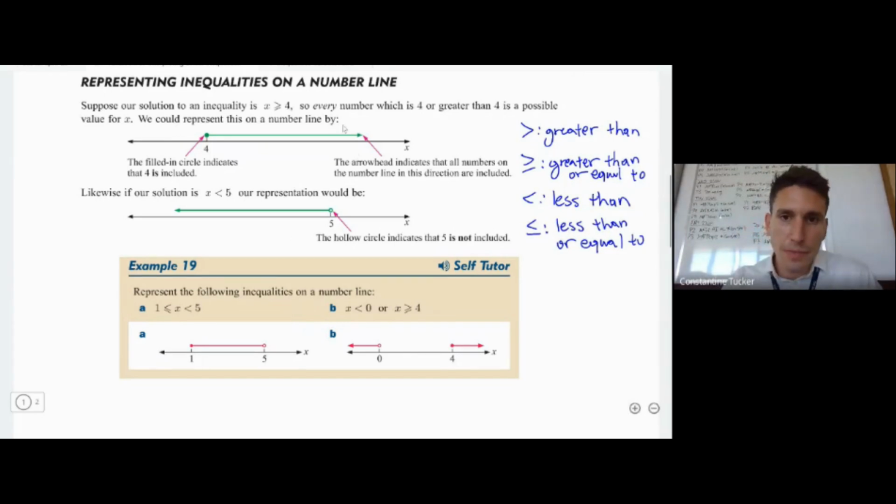First case, we have x is greater than or equal to 4. How do we represent that on a number line? Well, we draw our number line, so this represents all the numbers in the world, so all the real numbers. We'll put a little x here to show that. It's x greater than or equal to 4, so we put a solid circle there.